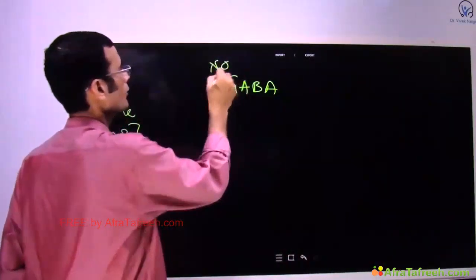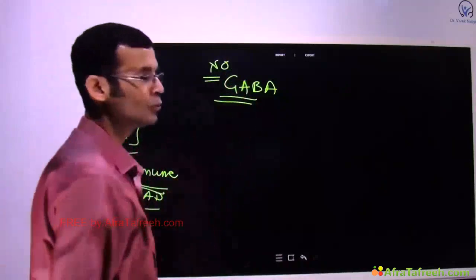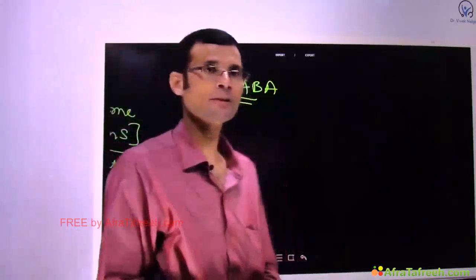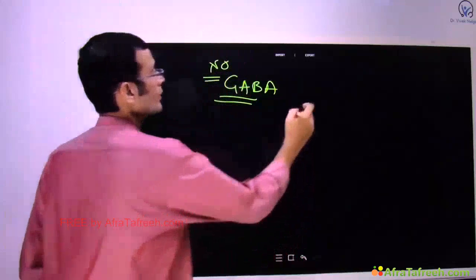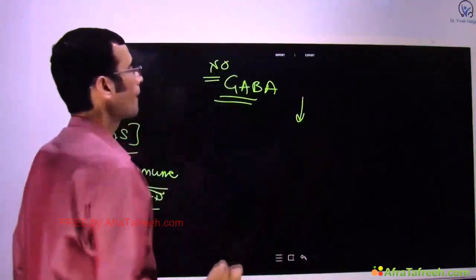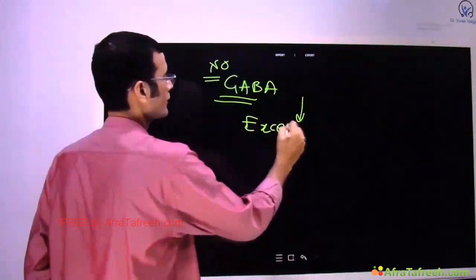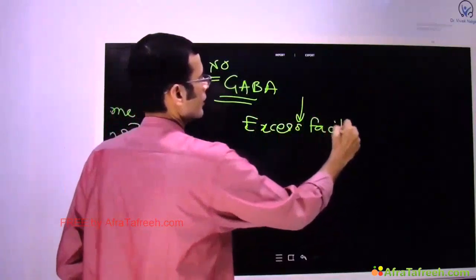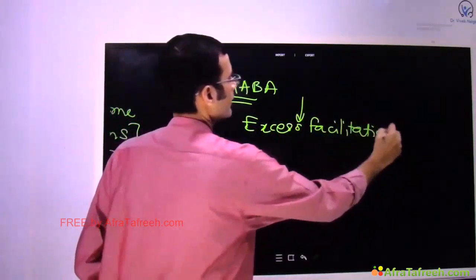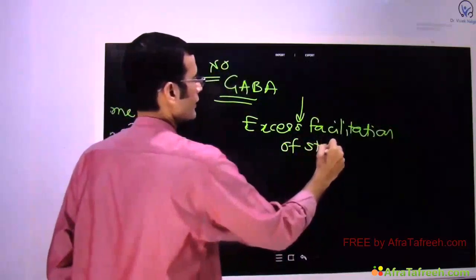If there is no GABA, the inhibitory transmitter, that means there would be excess facilitation of the stretch reflexes.